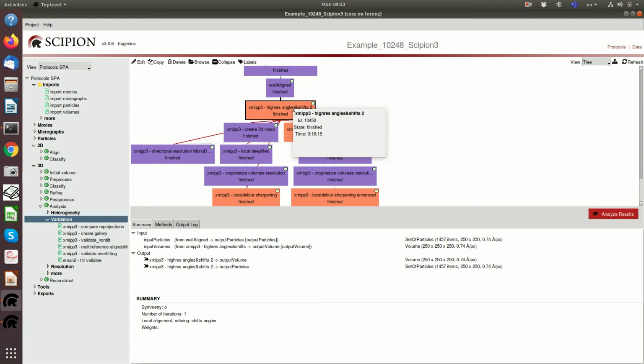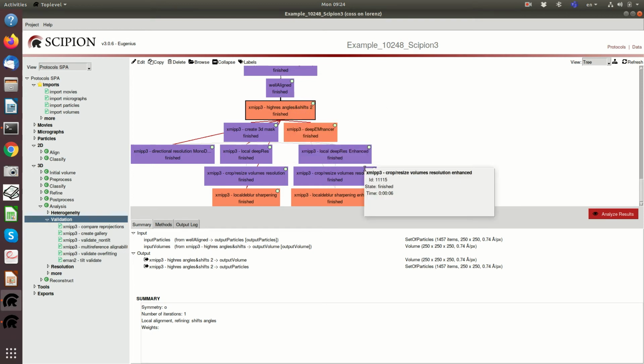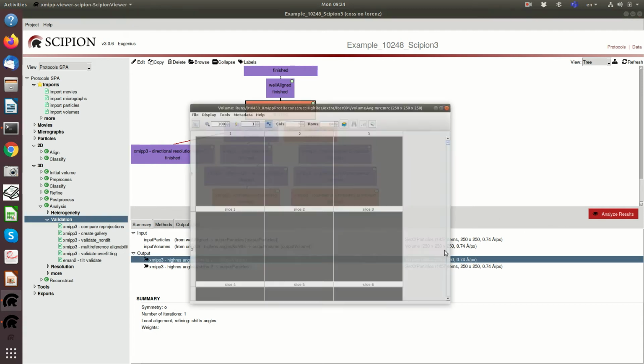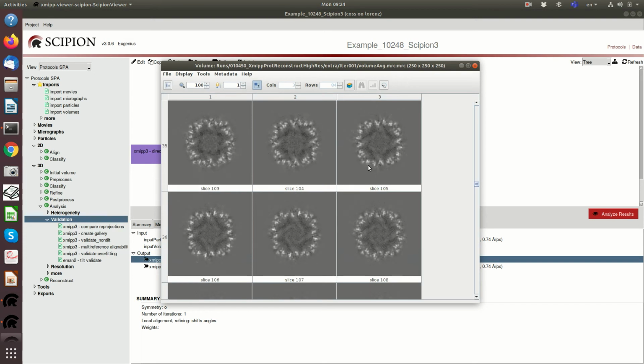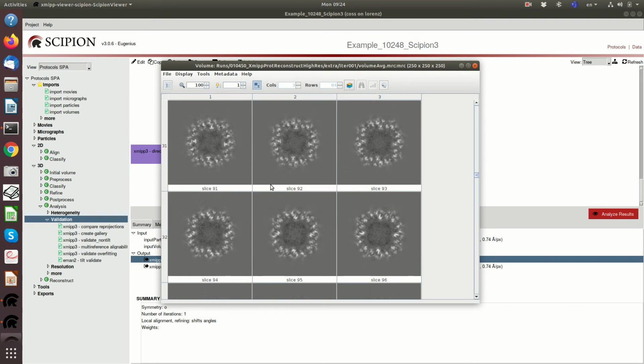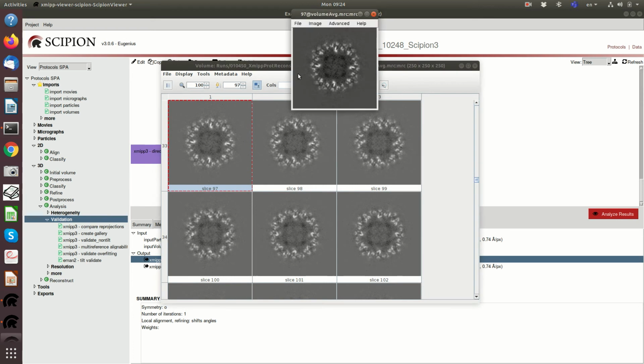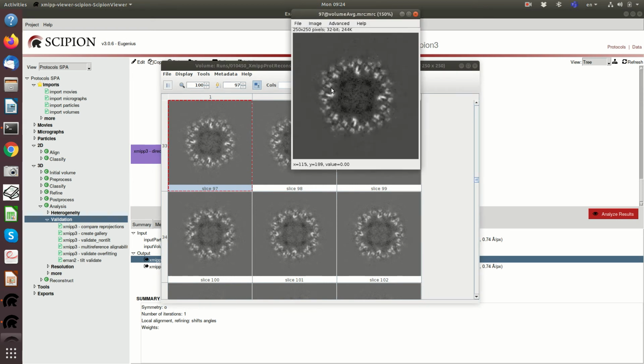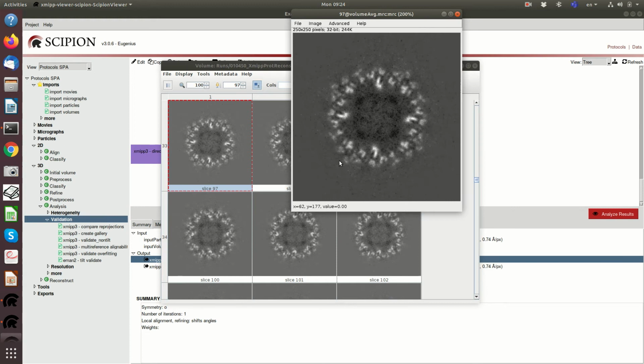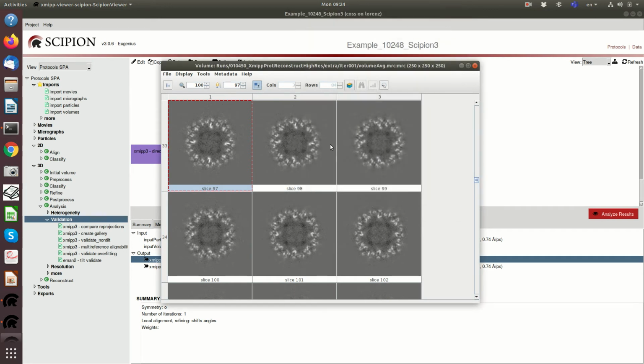Actually, it is better to put those images that are incorrectly assigned in that area, but it doesn't mean that you have a better structure. So let's look at the structure just to make sure that we have not spoiled it. For instance, slice 97, that was the slice that we were looking at before. We don't see any artifacts around, we don't see this haze on top.